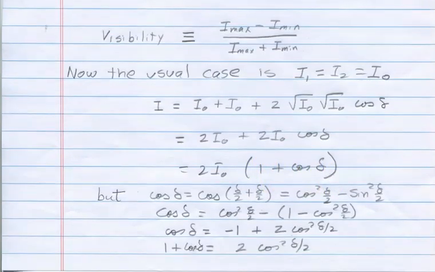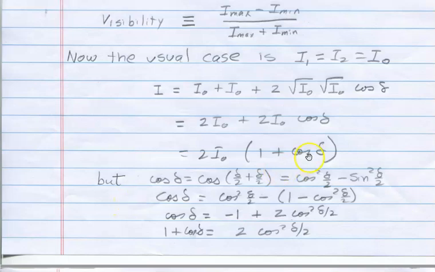And then again, I never remember these half-angle formulas, so I just use the sum formula. The way I always remember it, if I want cosine delta here, that's the cosine of delta over 2 plus delta over 2, which is obviously delta. And then there's one trig formula to remember: the cosine of the sum is the cosine of the first term times the cosine of the second term, which is cosine squared, and minus sine squared for the subtraction portion.